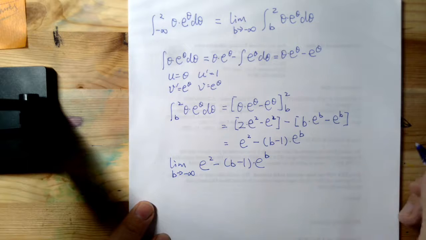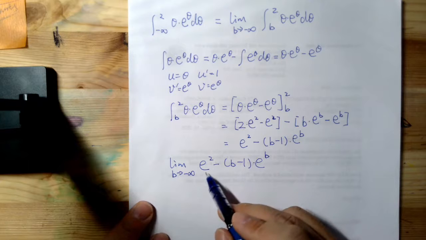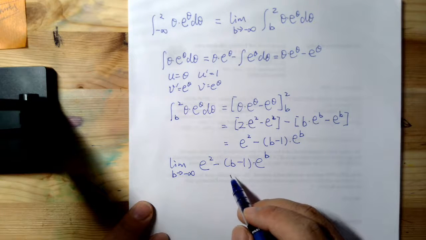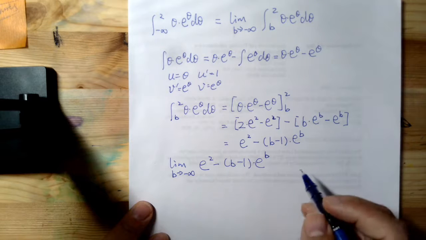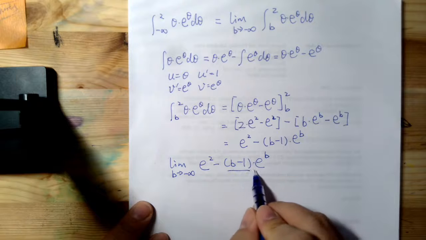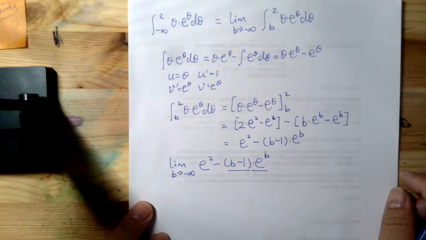Since this e squared is just a constant, all we care about here is to evaluate the limit for this (b minus 1) times e to the power of b.